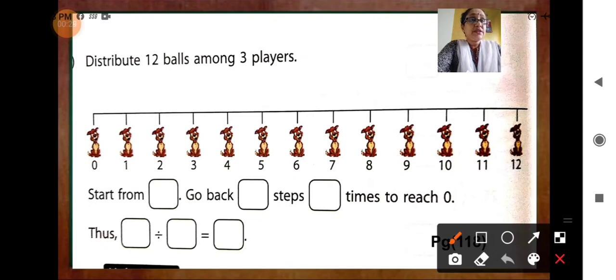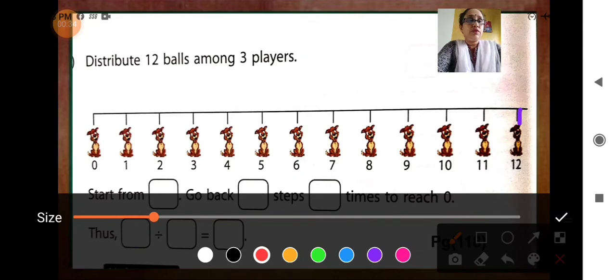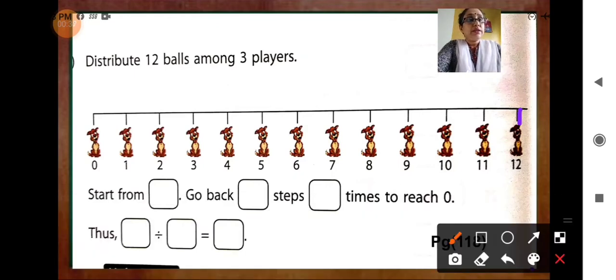How many steps will we go back? We will go back 3 steps. So count from here. 1, 2, 3. Now from 12, 3 steps back. Where have we reached? We have reached number 9.